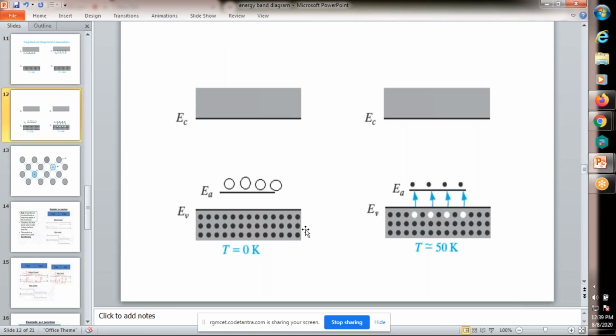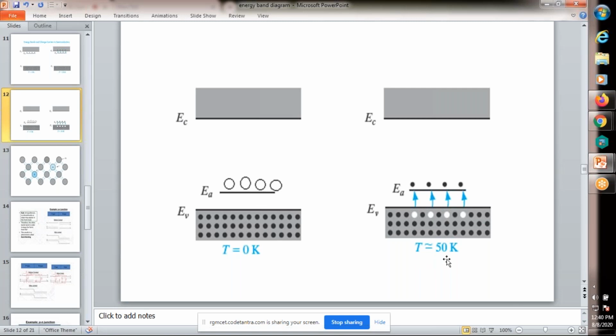Coming to the P-type material, acceptors. That means here conductivity takes place due to holes, right? Holes are available, and the energy state is available near the valence band. At 0 Kelvin, there is no recombination here.